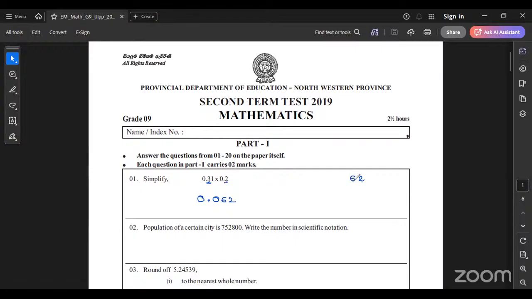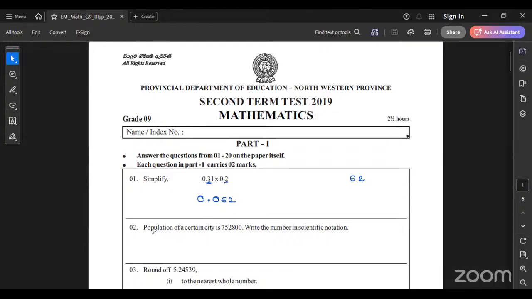Just multiply 31 times 2, which is 62, and think how many decimals should be placed. 3 decimals. Why? The first number has 2 decimals, the second number has 1 decimal; altogether add them and keep them. 0.062. That is correct.